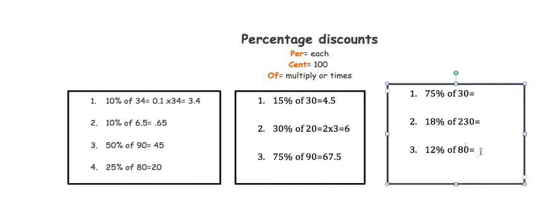It will be very tricky to use this method, and it won't work actually if you find the 10% by moving the decimal once to the left. It only works when you have got zeros at the end of your percentage or 5s at the end of your percentage. Okay, good luck.